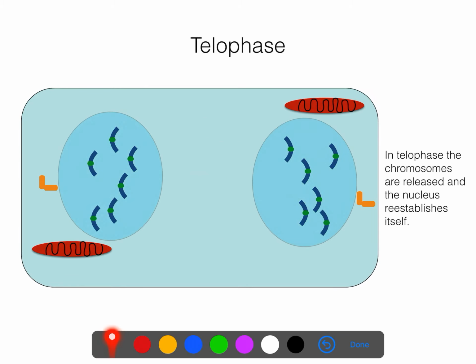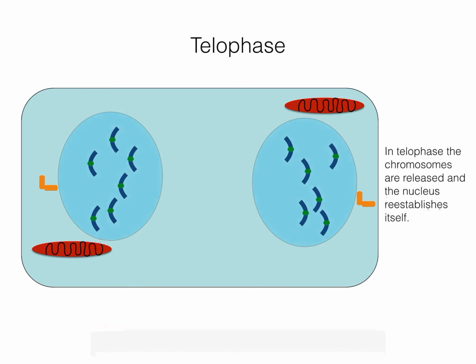The last phase is telophase, and telophase has basically two parts to it. In the first part, the nucleus is going to reestablish itself. We're going to unpack and reassemble our nucleus around the chromosomes.